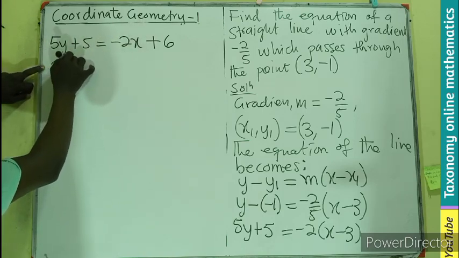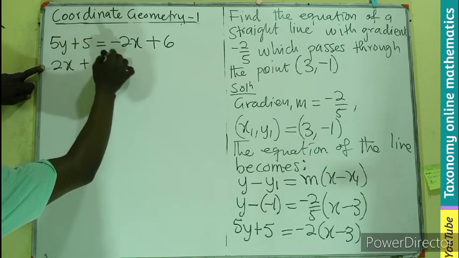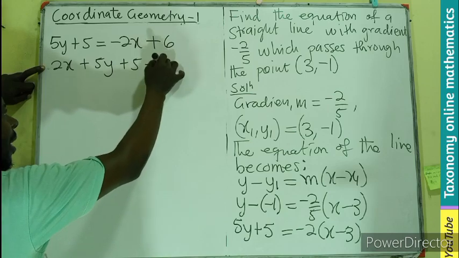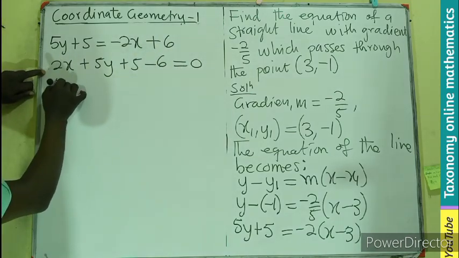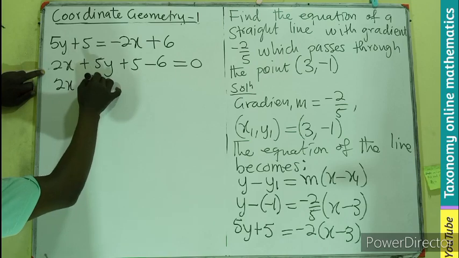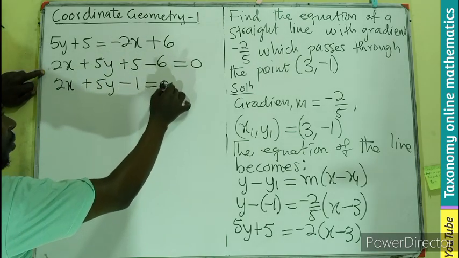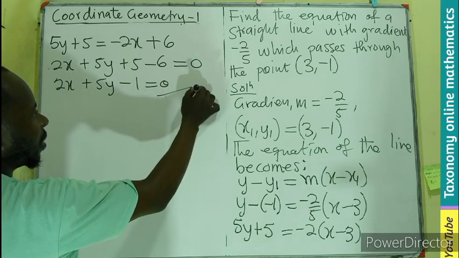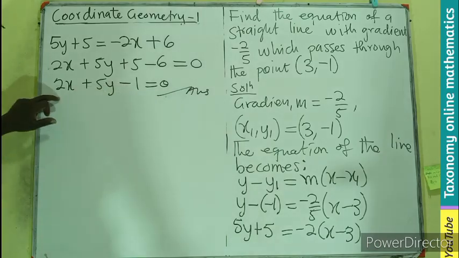So 2x, and let's bring the 5y plus 5. This is coming to the left to become minus 6, leaving 0 there. So I'll be having 2x plus 5y minus 1 equals 0. So this becomes our answer. Remember, this is the equation that we are going to have.